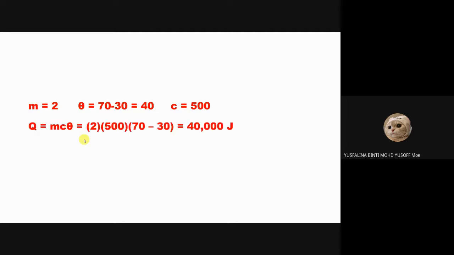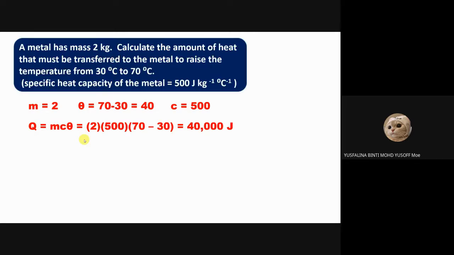So let's say for this one, a metal has mass 2 kg. Calculate the amount of heat that must be transferred to the metal to raise the temperature from 30 degrees Celsius to 70. So we take out the info given here. The mass is 2 kg. Then they ask you to calculate the amount of heat, so the amount of heat is Q. Theta is the change of temperature, so 70 minus 30, 40.